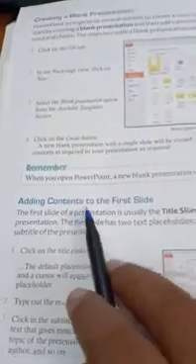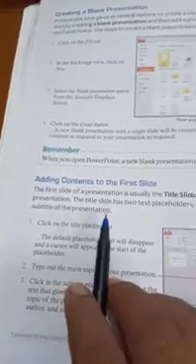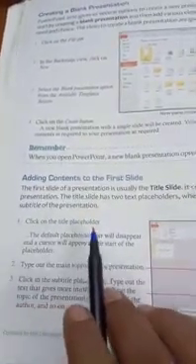Now, adding contents to the first slide. The first slide of a presentation is usually the title slide. It contains the title or topic of the presentation. The title slide has two placeholders where we can add the title and the subtitle of the presentation. Click on the title placeholder.